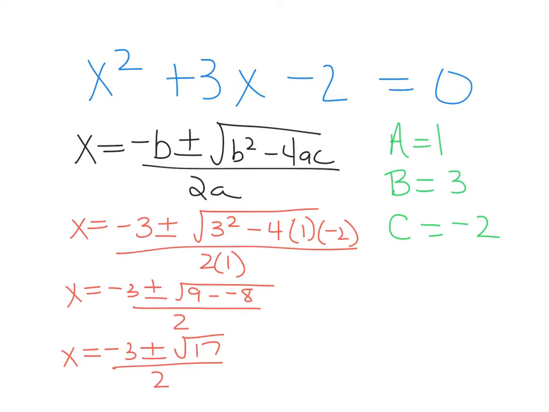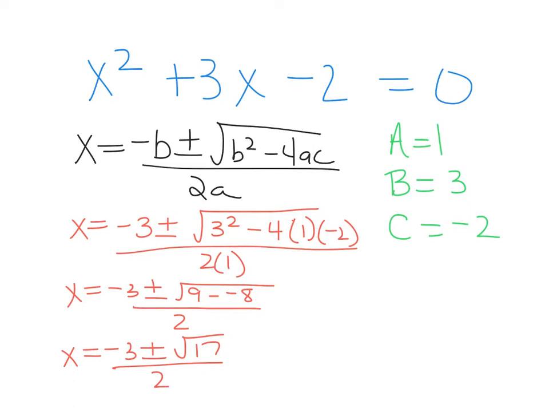Sometimes your teachers are going to tell you to just leave it in radical form. This is radical form. Radical means a square root. So if your teacher says leave your answer in radical form, they're saying just leave this answer as negative 3 plus or minus the square root of 17 over 2. Me, I want it in decimal form.